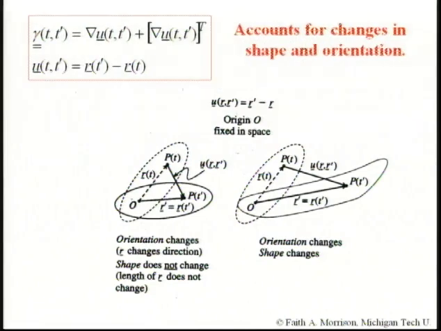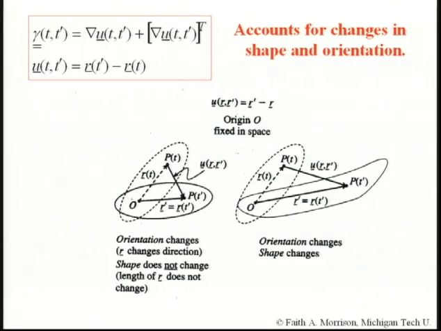If I sneak ahead one slide and do a deformation that includes a change of shape, here's the case where I've just rotated, let's say, an ellipse, and here's the old state, and in the new state I've rotated but also deformed and changed the shape.